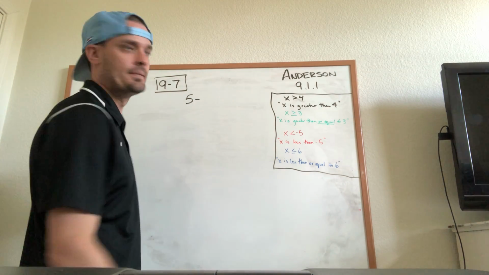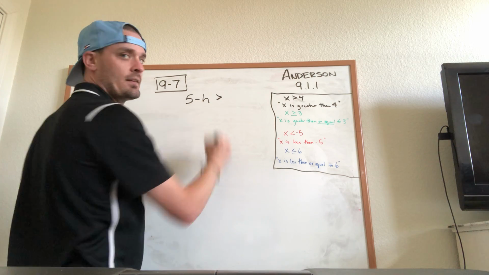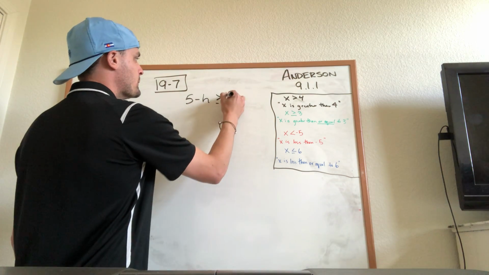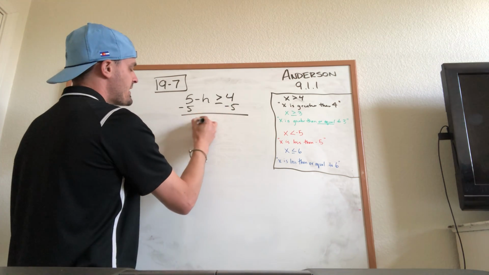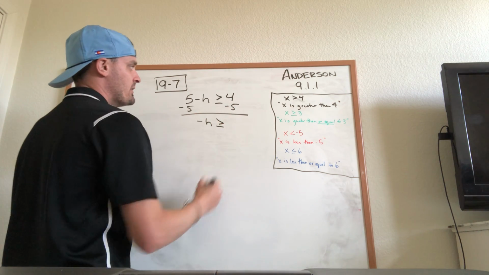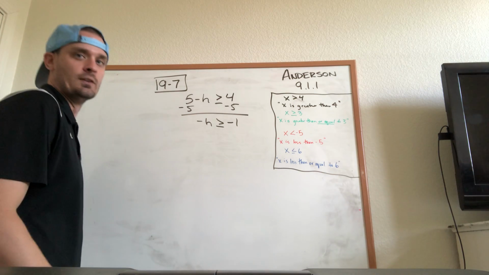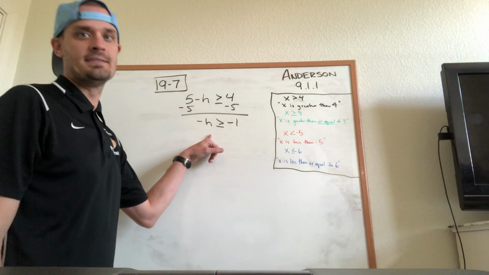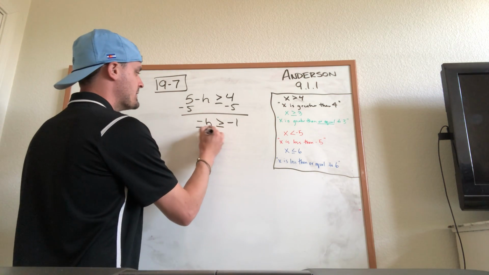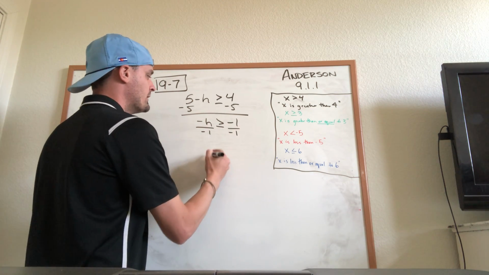Five minus h is greater than or equal to 4. So we subtract 5 from both sides, we get negative h is greater than or equal to -1. So we almost have the variable by itself. The last thing we have to do is divide by -1.